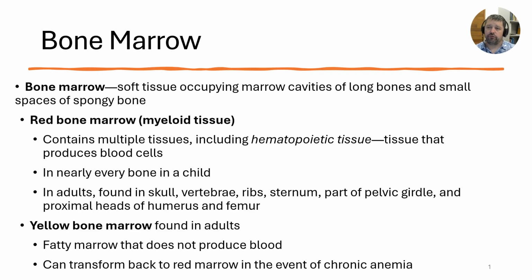So as you age, more of the bone becomes compact bone, but also more of the bone becomes yellow bone marrow. It does not produce blood. Its function is really to hold energy, although it does provide a little bit of insulation and protection from forces that might try to shear off a bone.